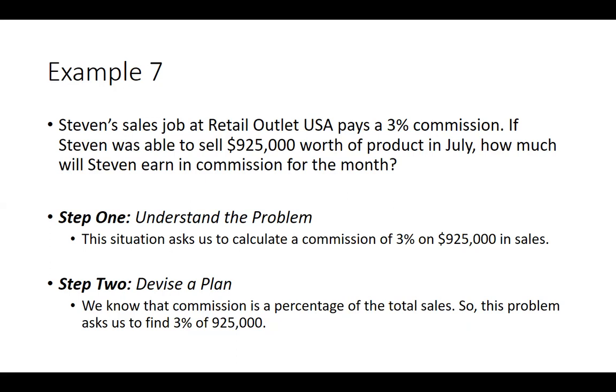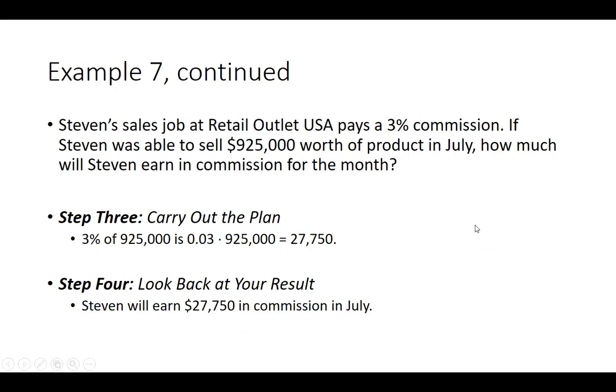Devising a plan, we know that commission is a percentage of the total sales. So this problem is asking us to find 3% of 925,000. So let's carry out that plan. 3% of 925,000 is the same as 0.03 times 925,000, which is 27,750, meaning Steven will earn $27,750 in commission in July.